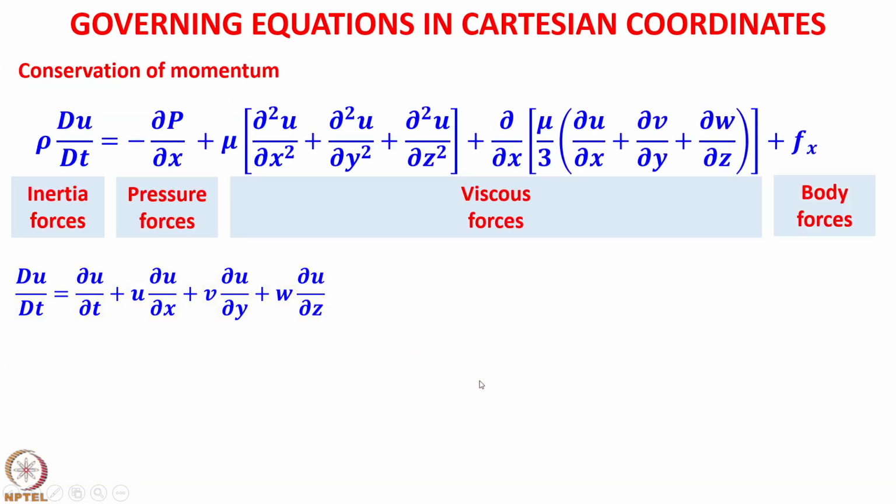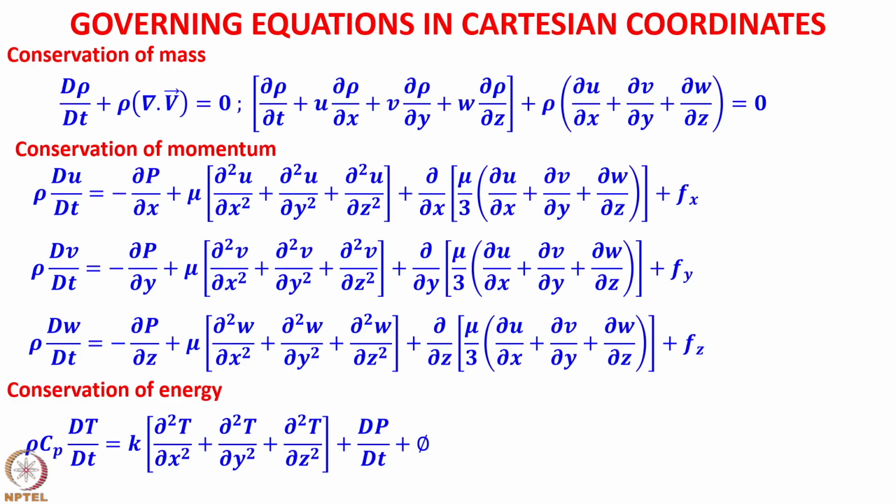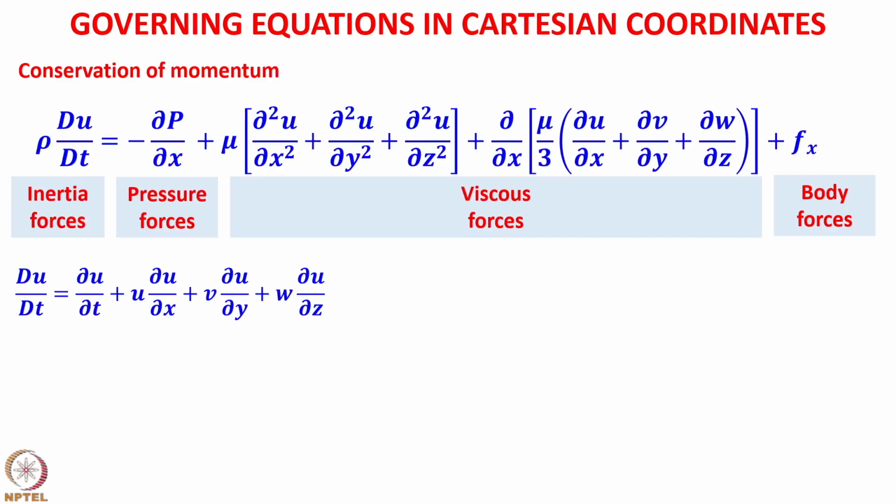So let us write the physical significance of each of these terms. You can see that this is the inertia force, this is the pressure force, this is the viscous force, and this is the body force.